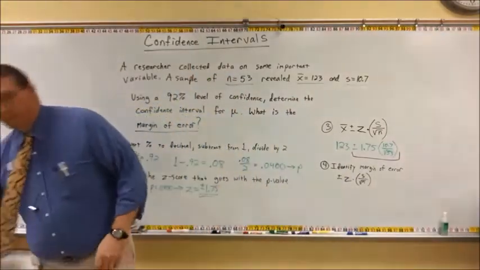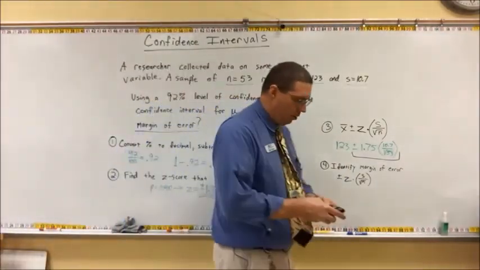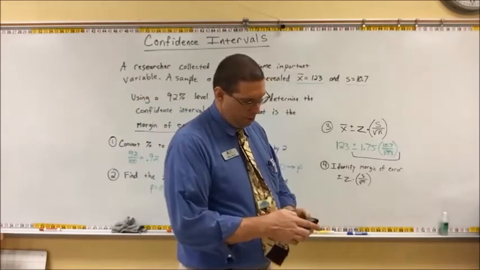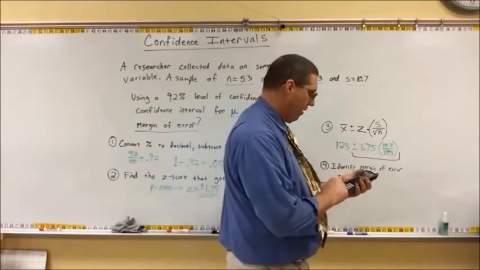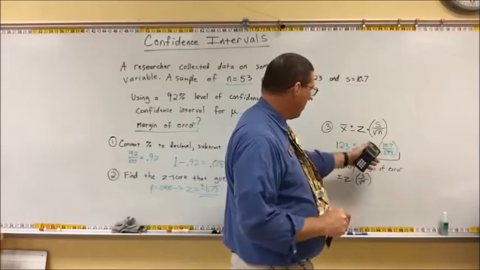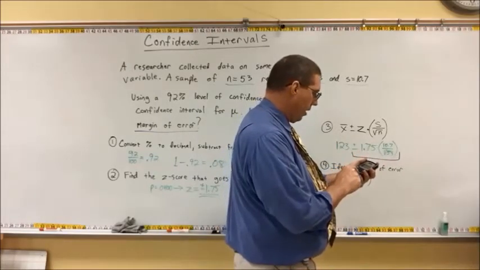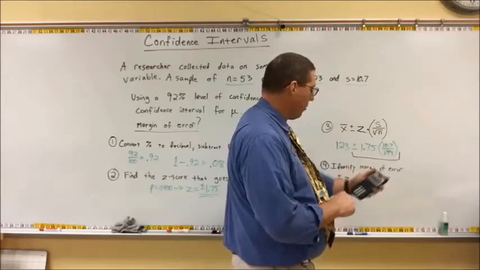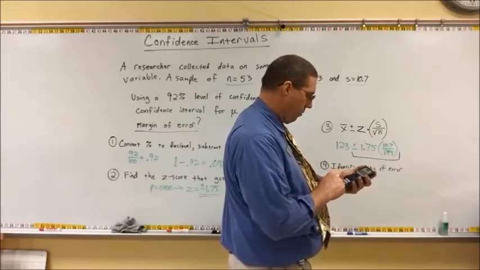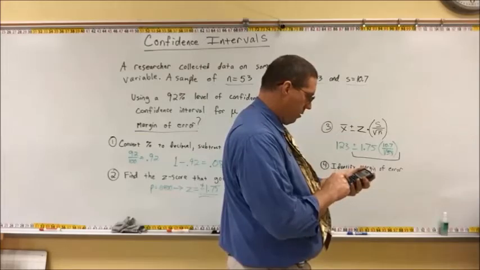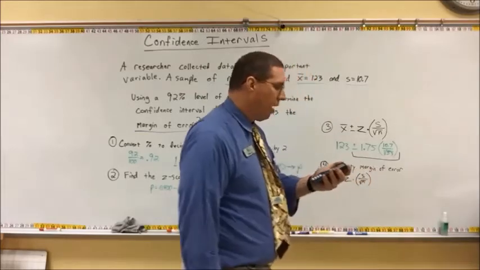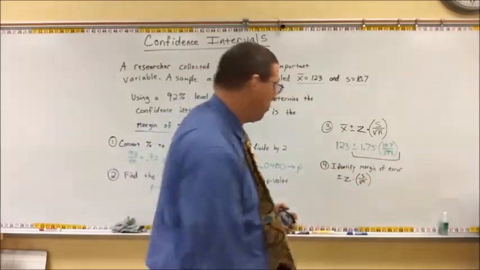Here's one. Lots of calculators lying all over this room. All right, so let's see here. We got 1.75 times, parenthesis, I got 10.7 divided by the square root of 53. Square root of 53. That's going to give me 2.572.